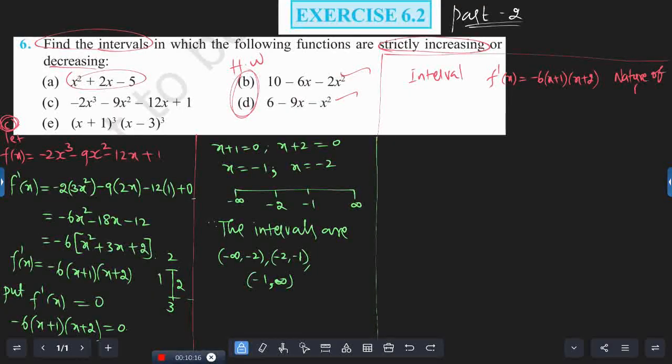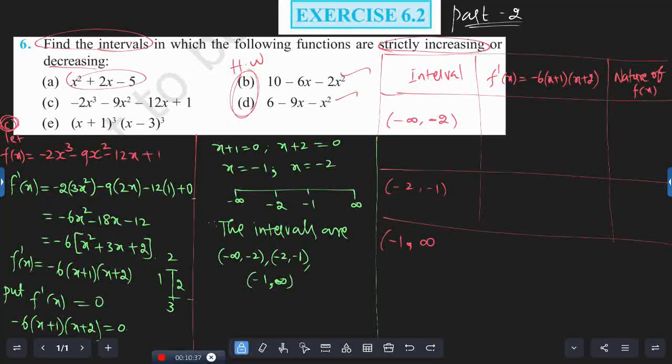Now we have to make the table like this. So the first interval is minus infinity comma minus 2, the second is minus 2 comma minus 1, and the third is minus 1 comma infinity. Okay, that's it.